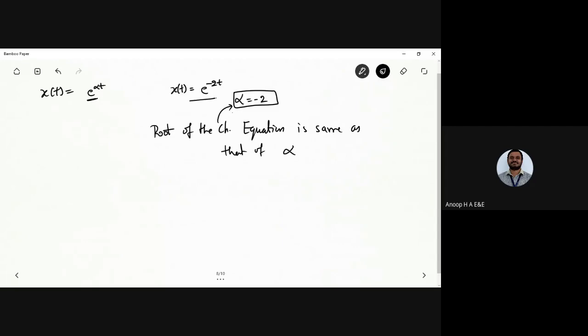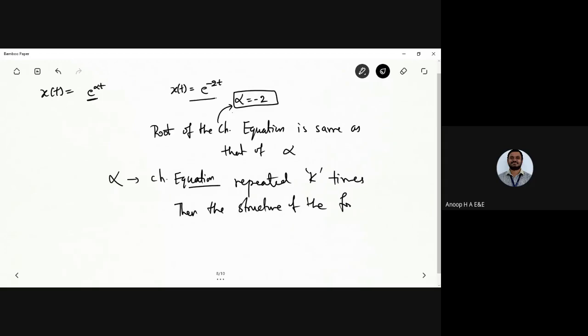What I want to say here is, if alpha is a root of the characteristic equation repeated k times, then the structure of the forced response must be multiplied with t power k.